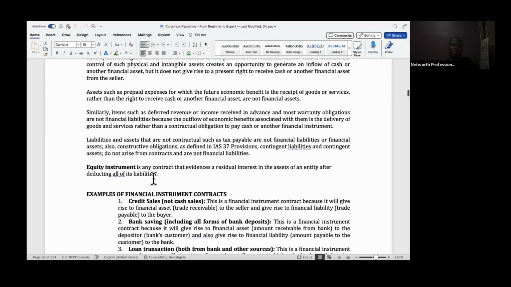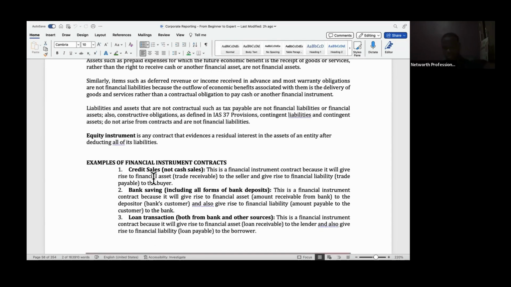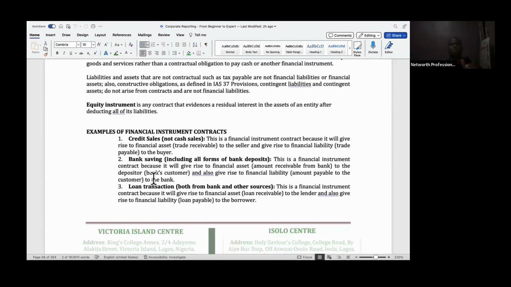Then we looked at examples of a financial instrument contract. We said the first one was credit sales. A credit sales transaction is a financial instrument transaction because it gives rise to a financial asset, trade receivables, of one entity, and a financial liability, trade payables, of another entity.